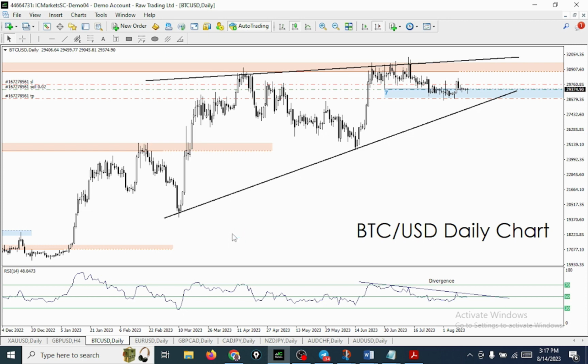When a formation is printed on your chart, it is a reflection of the psychology of the traders trading that asset. If you know the psychology behind that chart pattern, you know exactly what the traders in that market are doing.